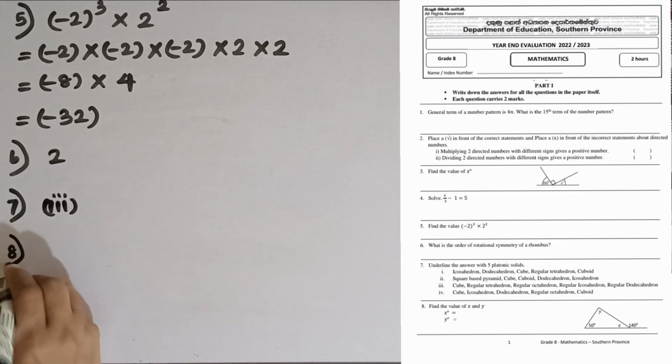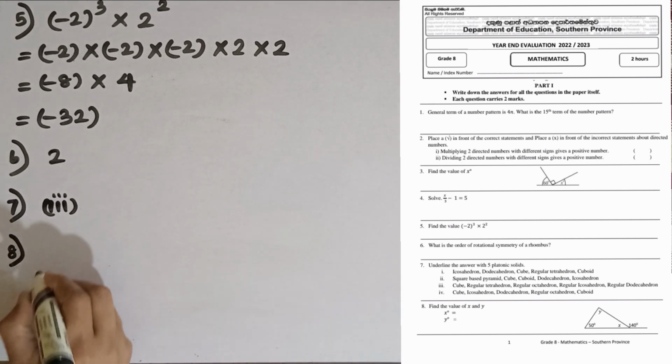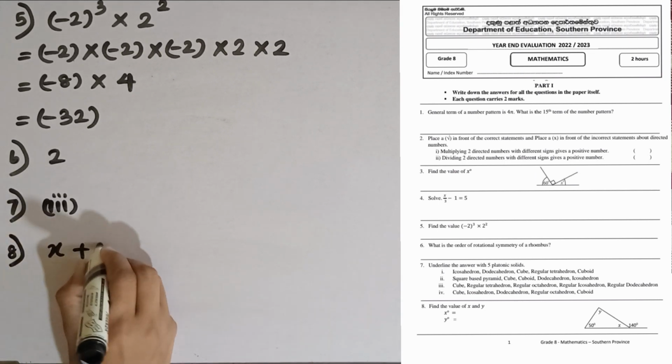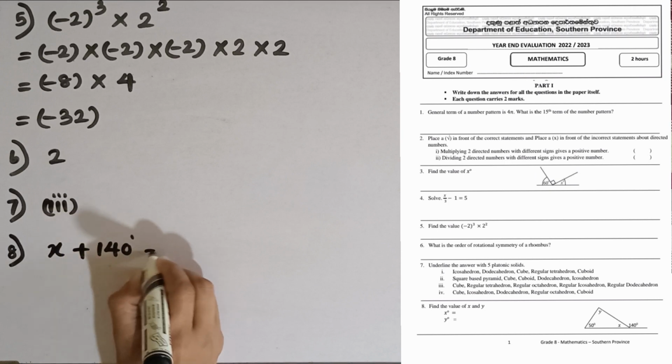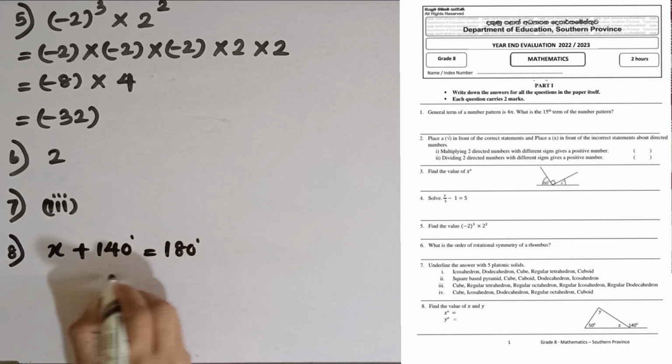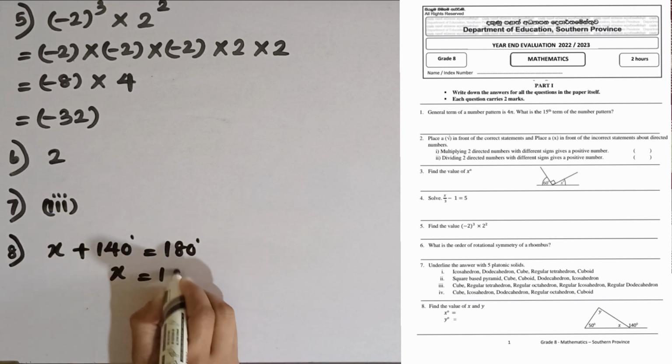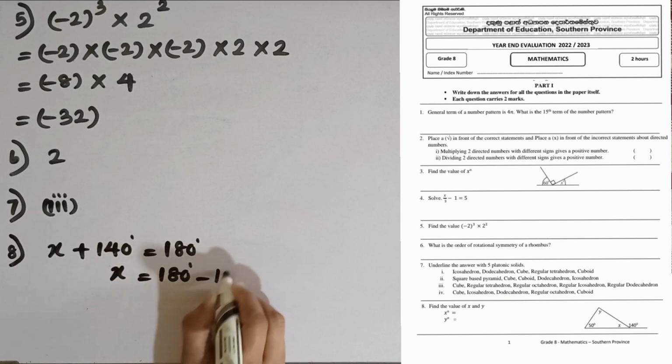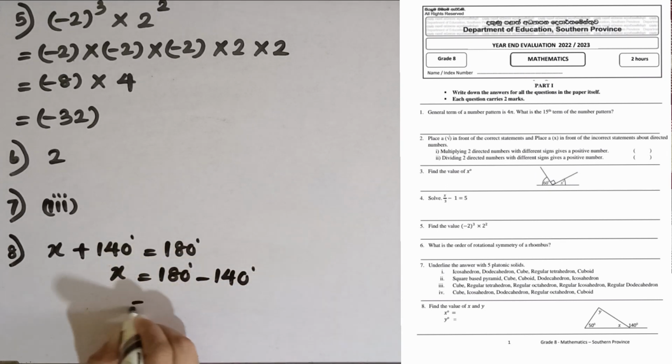Then question number 8. Find the value of x and y. First we can find the value of x. These two are supplementary adjacent angles. x plus 140 equals 180. Then x equals 180 minus 140. That is 40 degrees.